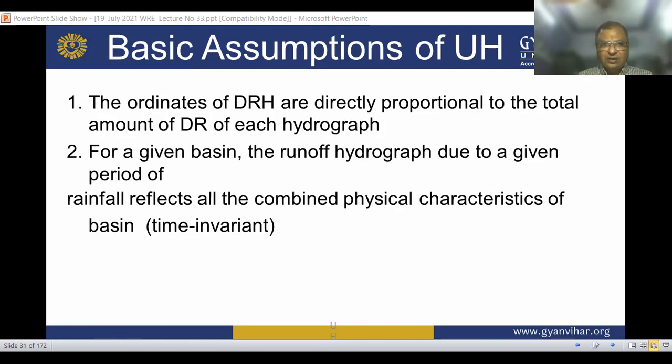For a given basin, the runoff hydrograph due to a given period of rainfall reflects all the combined physical characteristics of the basin.